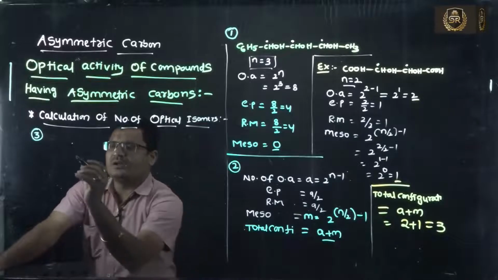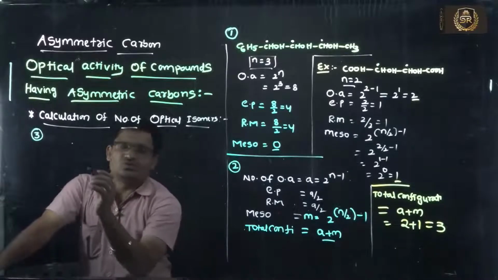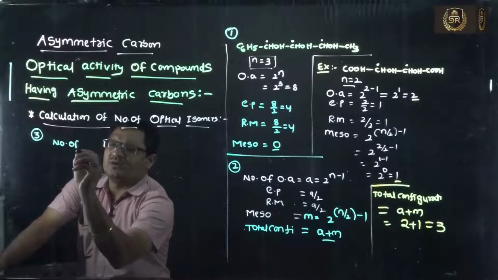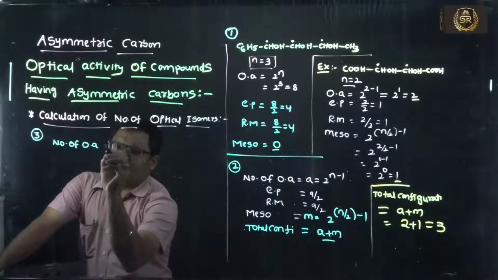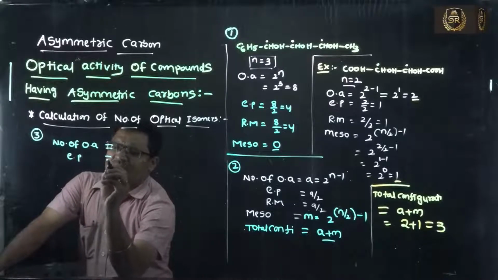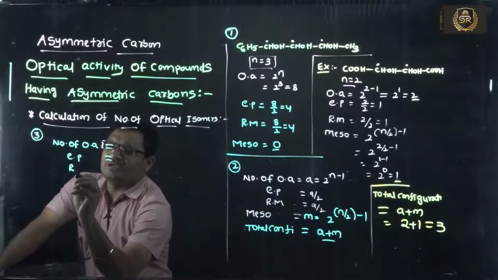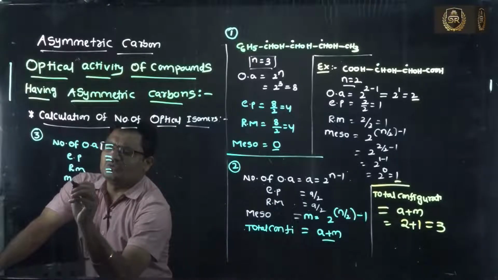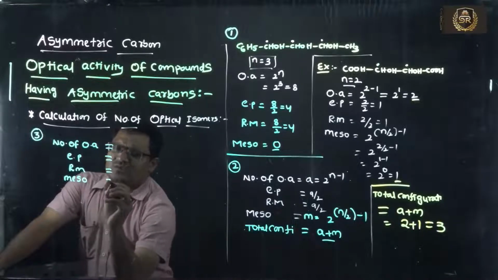So first, the number of optically active has one type of formula. Enantiomer pair has another type of formula. Racemic mixture, one. Meso is also one type of formula.